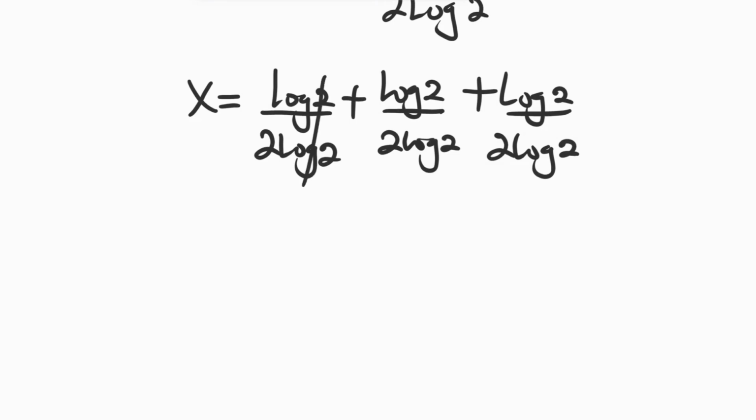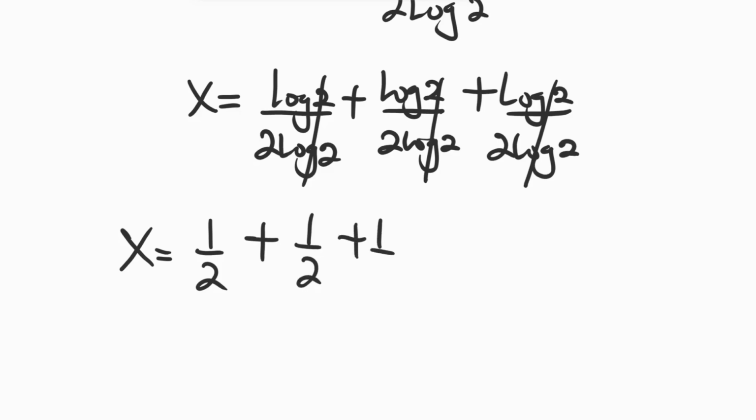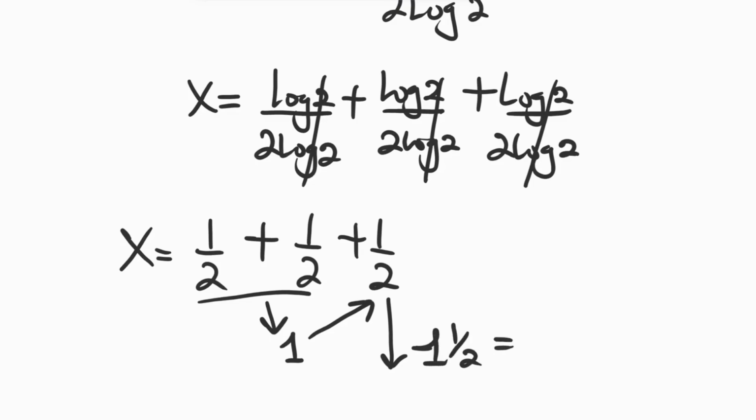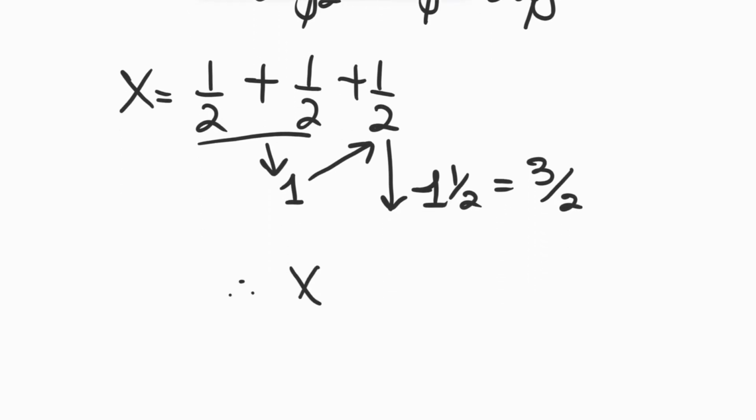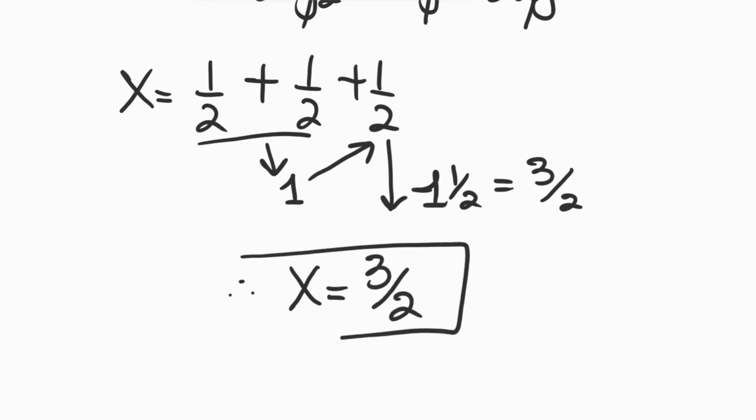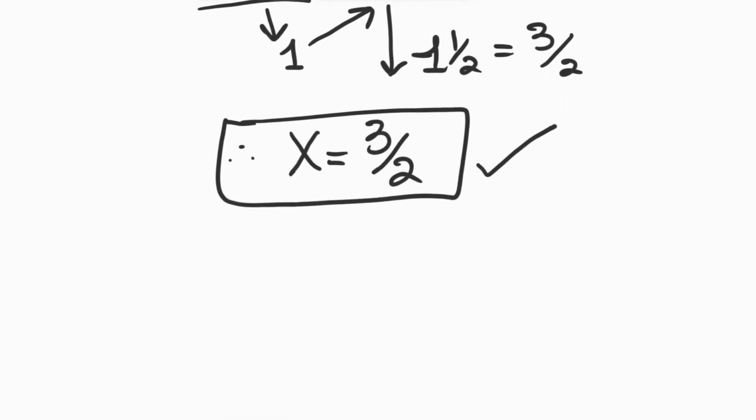And now the log 2's cancel out, and what we have left is x equals half plus half plus half. Now half plus half will give us 1, and 1 plus half will give us one whole number, 1 over 2, which is 3 over 2. So therefore our value of x is equal to 3 divided by 2. And this is our final answer.